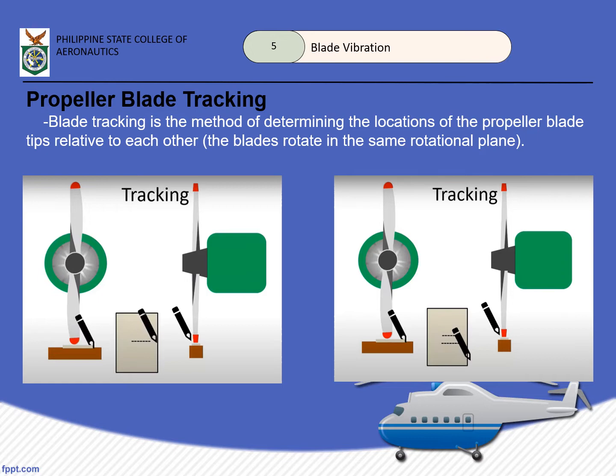Okay, so how is blade tracking done? First, make sure that the aircraft is in a stationary position. So, kindly take note of that. Then, place a board on blocks under the propeller arc and tape a piece of paper sa ating board.